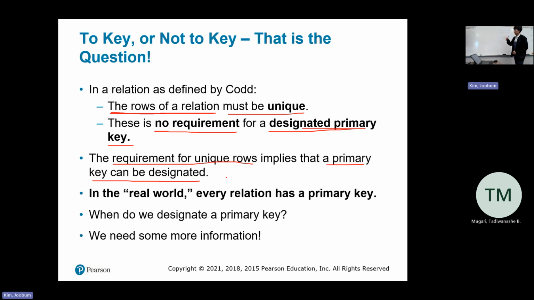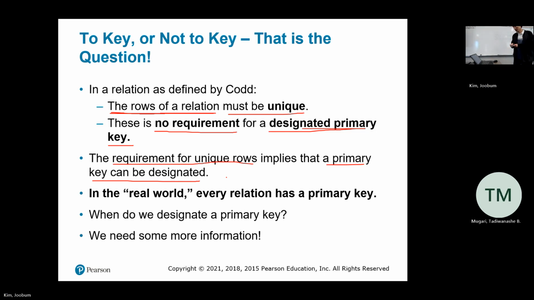So in the paper in 1970, each row is unique. That implies that one looks like the primary key.